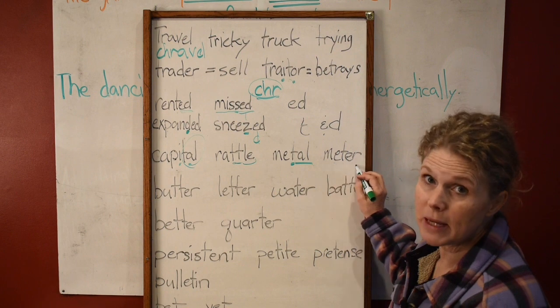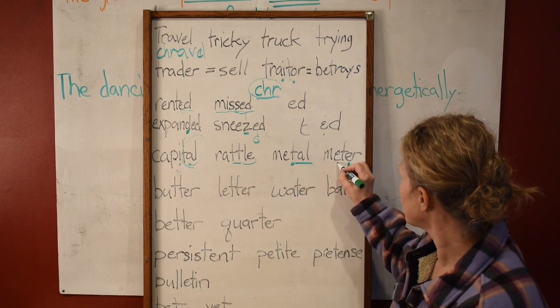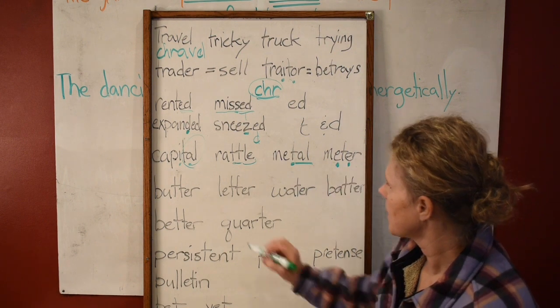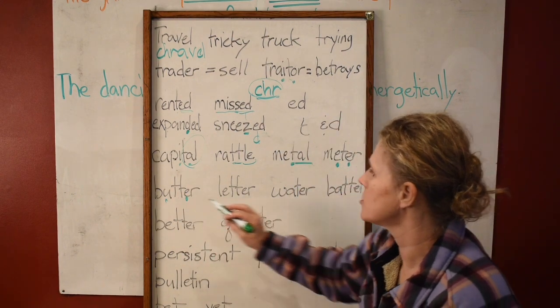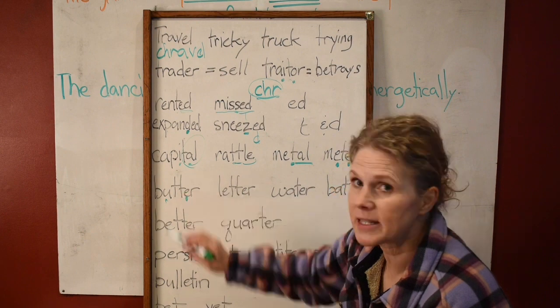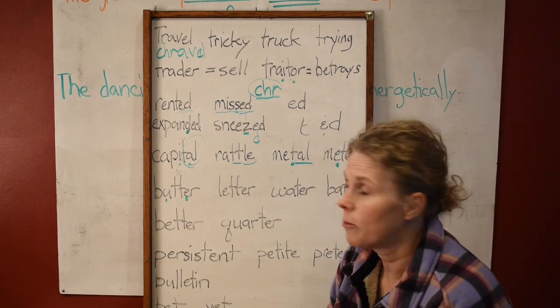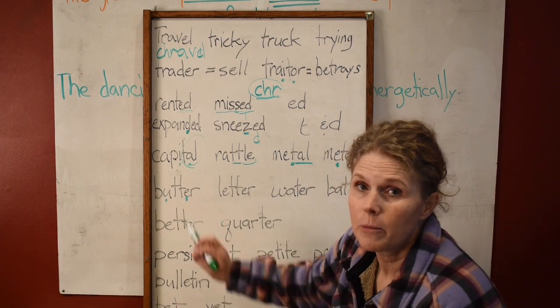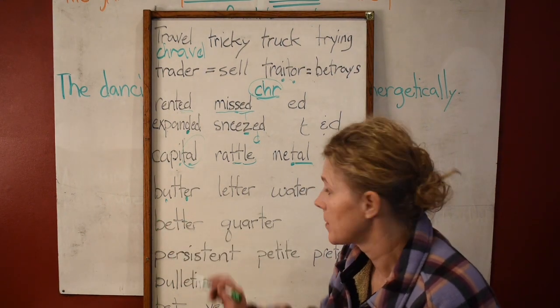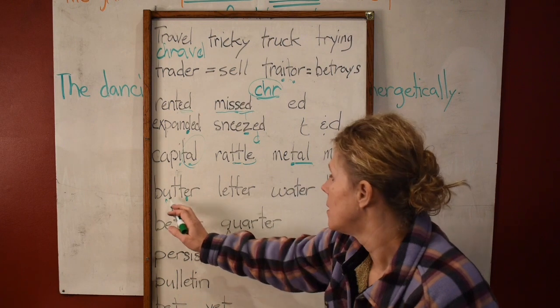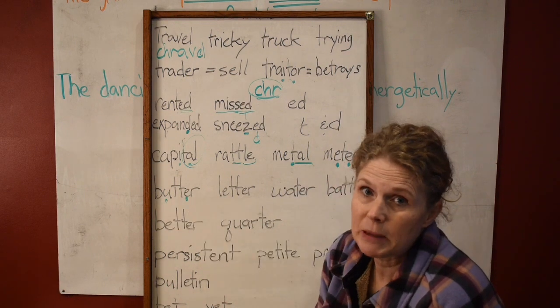Meter, not "meder." Right here you have two vowels, and it doesn't matter whether there are two T's or one T, it's still affecting the T sound. This says butter, but a lot of people say "budder." Pass me the butter. It's really butter, but that's what happens when we speak fast.